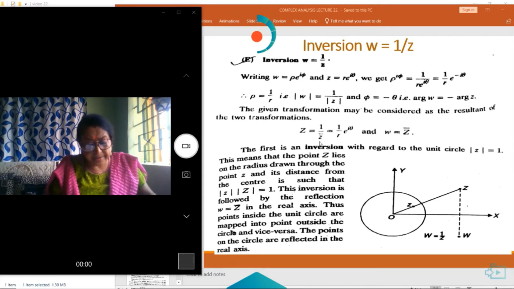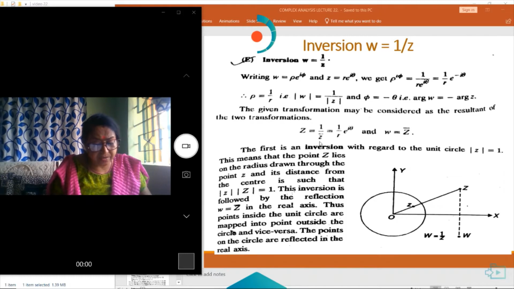Thus, the points inside the unit circle are mapped into the points outside the circle and vice versa. The points on the circle are reflected in the real axis.